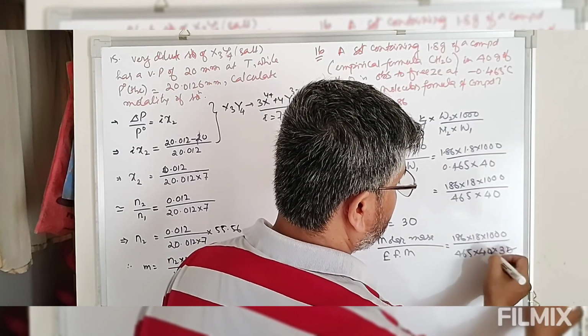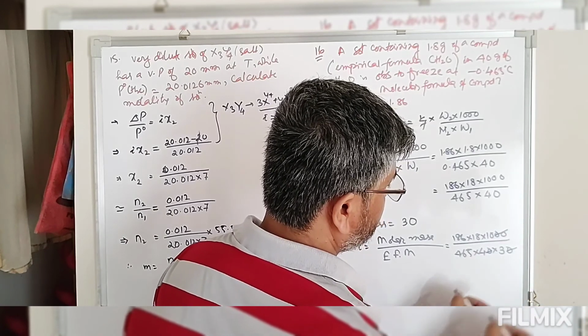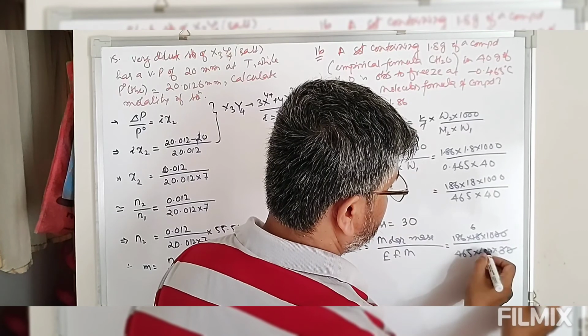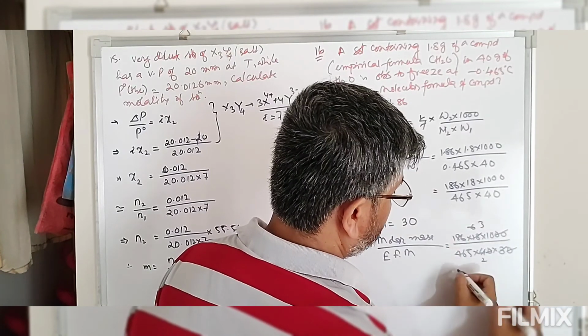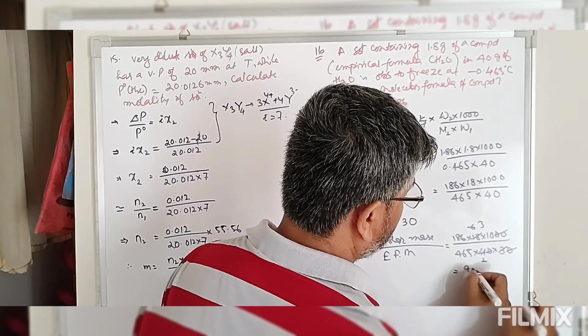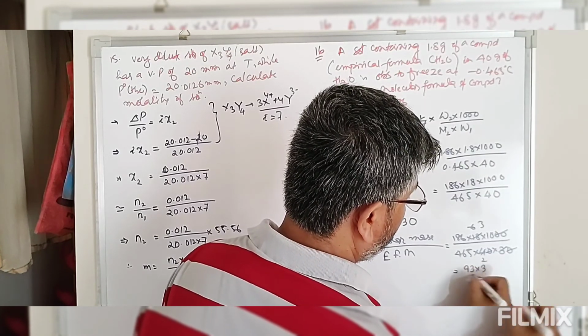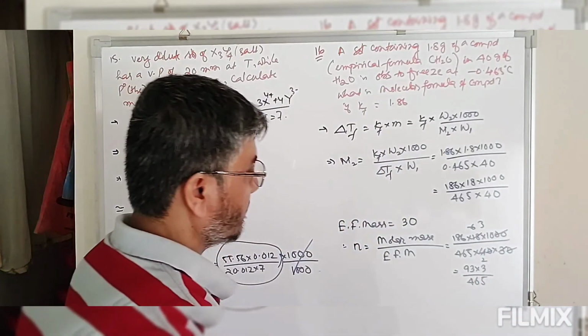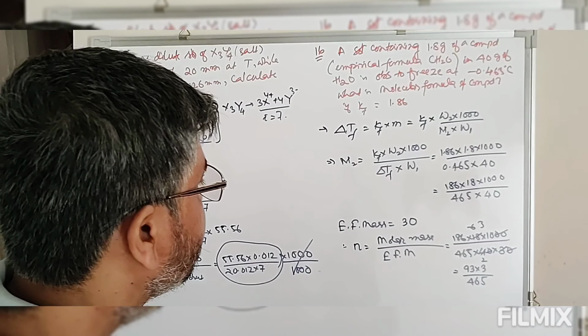So we can cancel this out. So we have divided by 465.